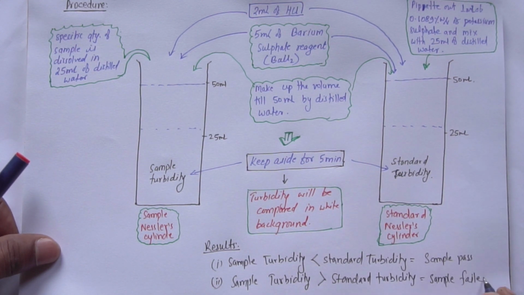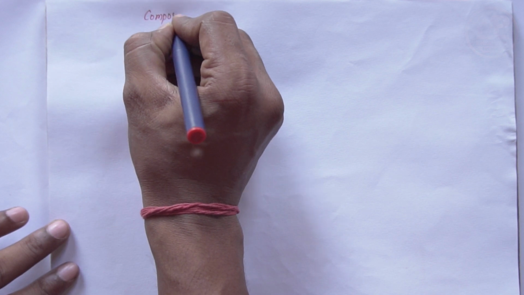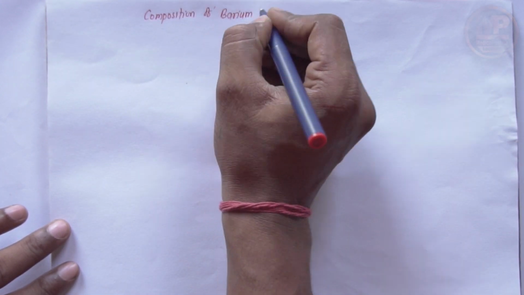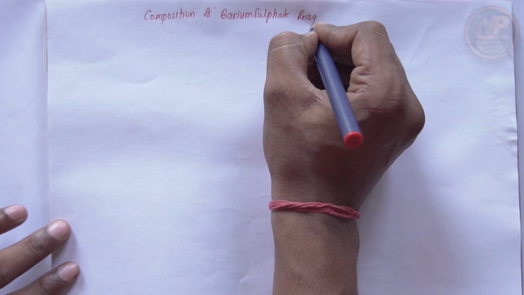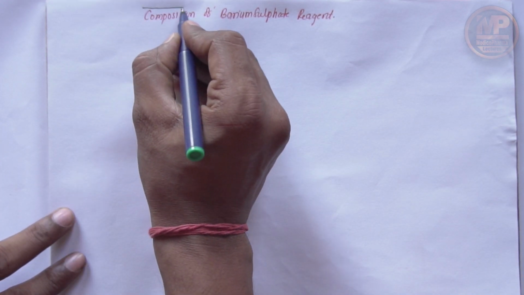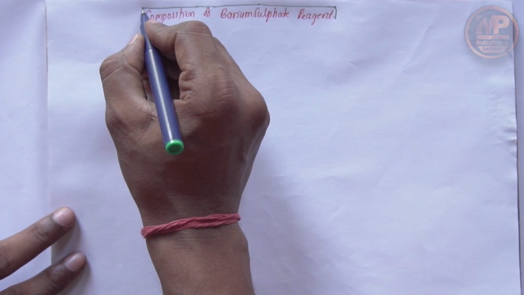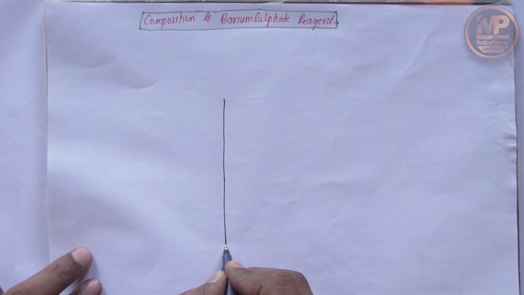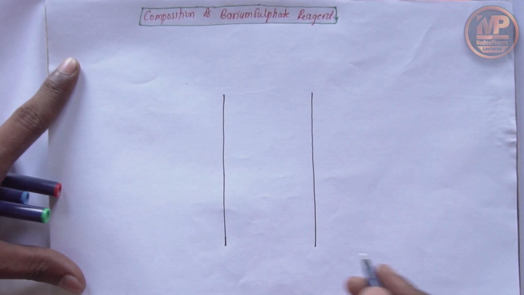Now we will discuss the composition of barium sulfate reagent and how we prepare it in the lab. It is a very important reagent used in the sulfate limit test, and many questions come related to this one.